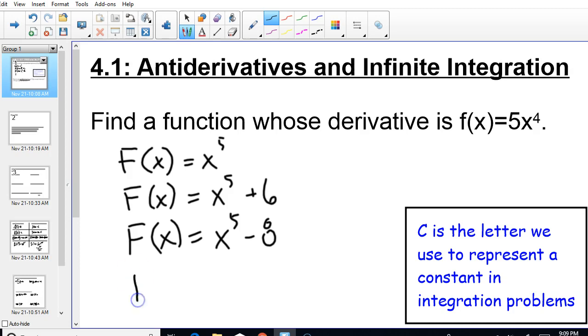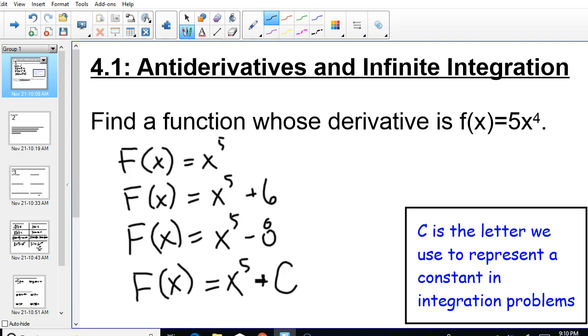So the way that we will write this is capital F of x equals x to the fifth power plus capital C. And that capital C is there to represent the constant in an integration problem. Whenever we integrate anything, we always want to put that plus C on the end of the equation, because when we take the derivative, that constant is going to go away.